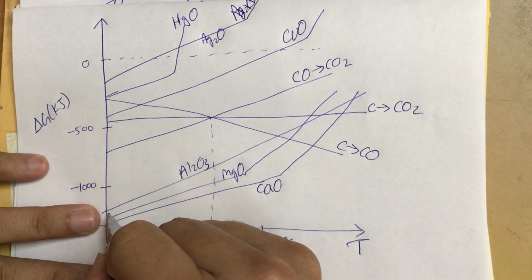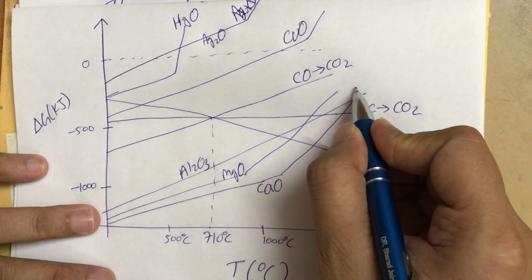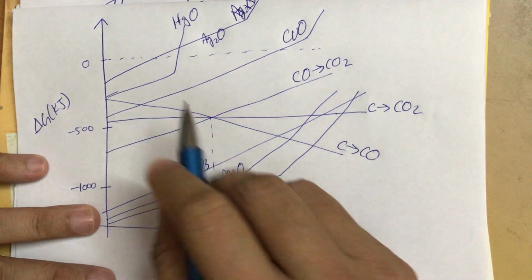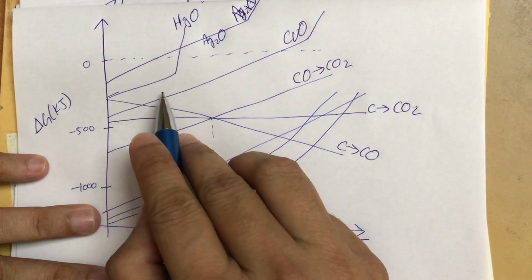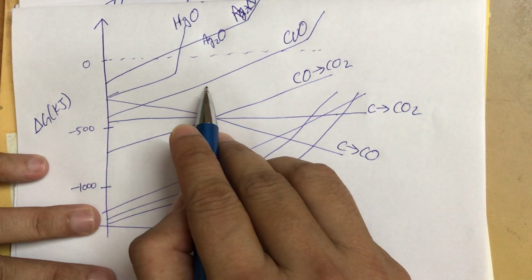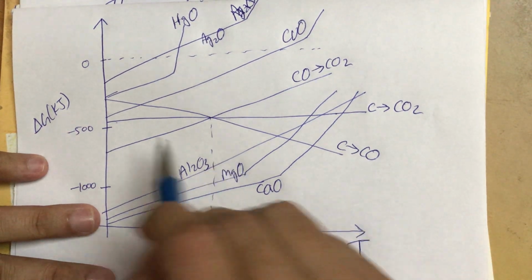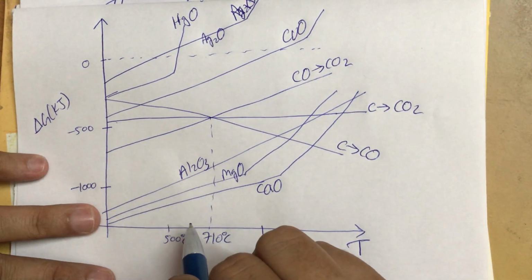So for Al2O3 formation the slope is positive, it increases with increase in temperature. For MgO it increases, for HgO, for Ag2O, for CuO. So for all of them, delta G formation increases with increase in temperature.